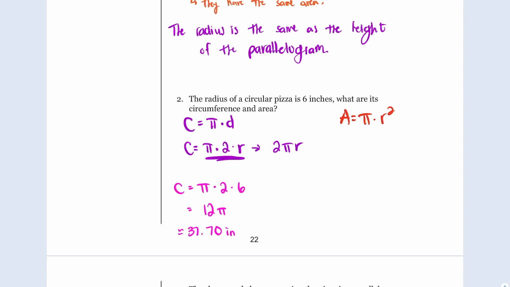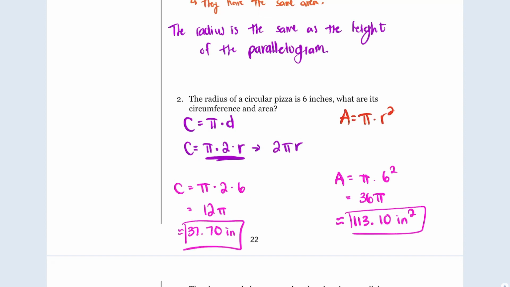This is circumference, not area. And then for area, pi times 6 squared. So we get 36 times pi, which is approximately 113.097. I'm going to round that to 113.10, and now we are in inches squared. And there we go. There's the circumference and the area of a pizza whose radius is 6 inches.